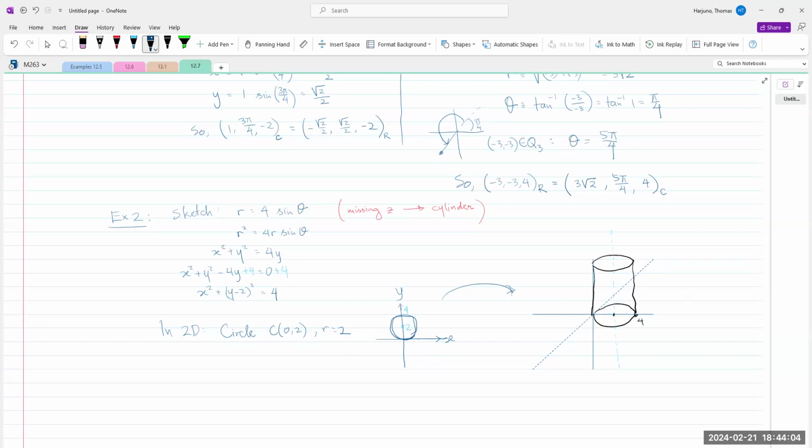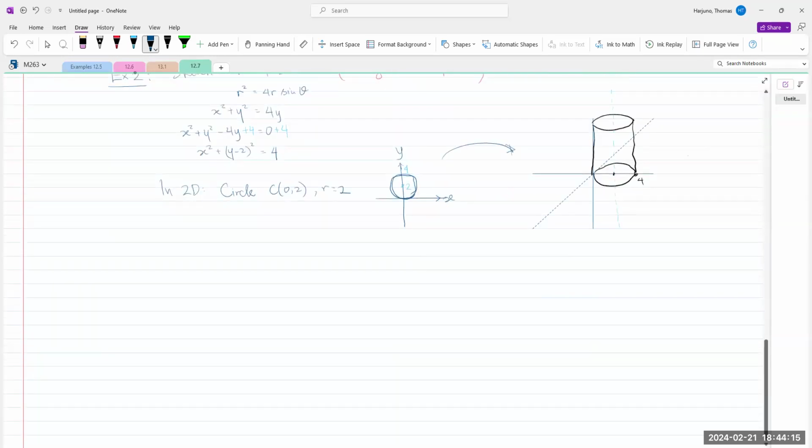Now I will spend more time here on identifying some important shapes in polar coordinate system, and therefore they become important shapes in cylindrical coordinate system.